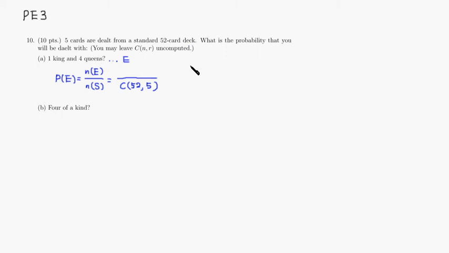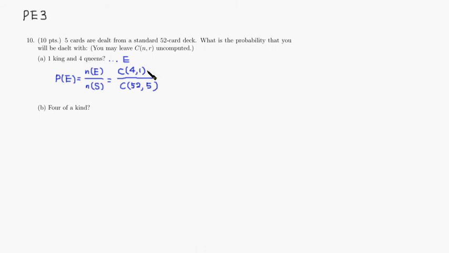Now we have to get 1 king and 4 queens. How many ways to do that? We know that there are 4 kings because there are 4 suits, so you have to pick 1 out of 4. That's the combination 4, comma 1.